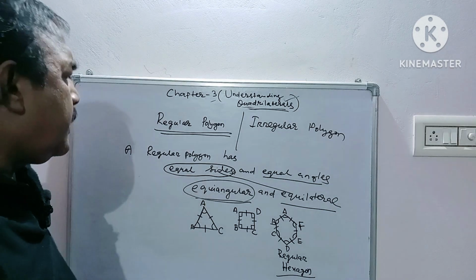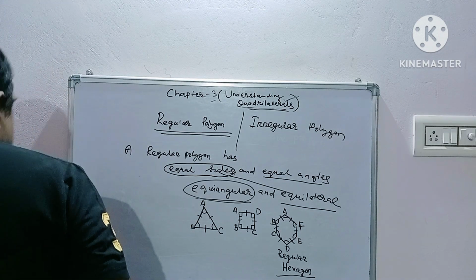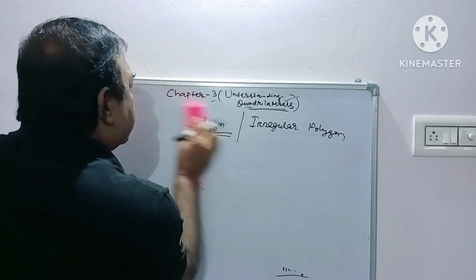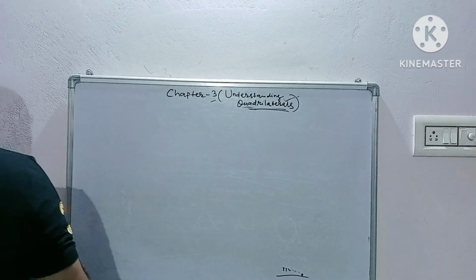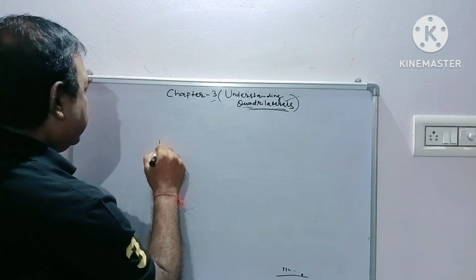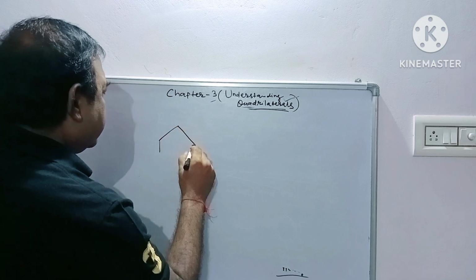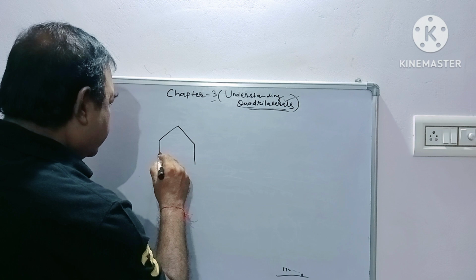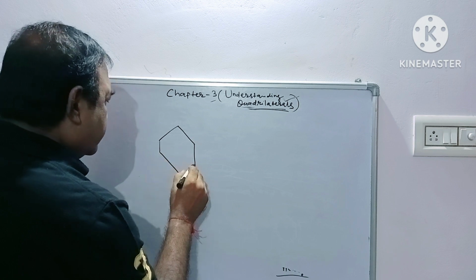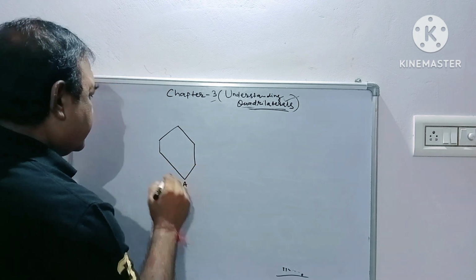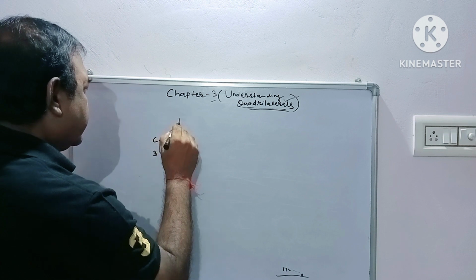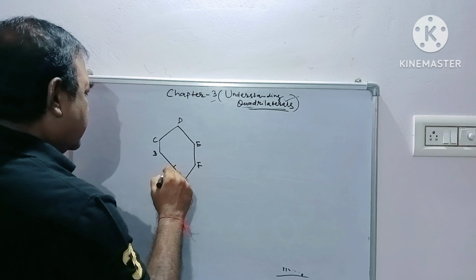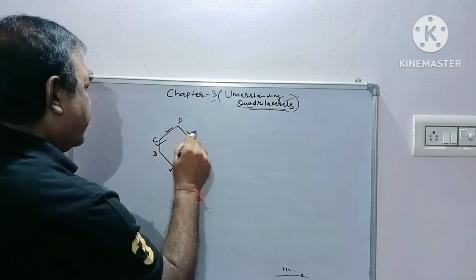So in the case of an irregular polygon, suppose this is 1, 2, 3, 4, 5, 6.